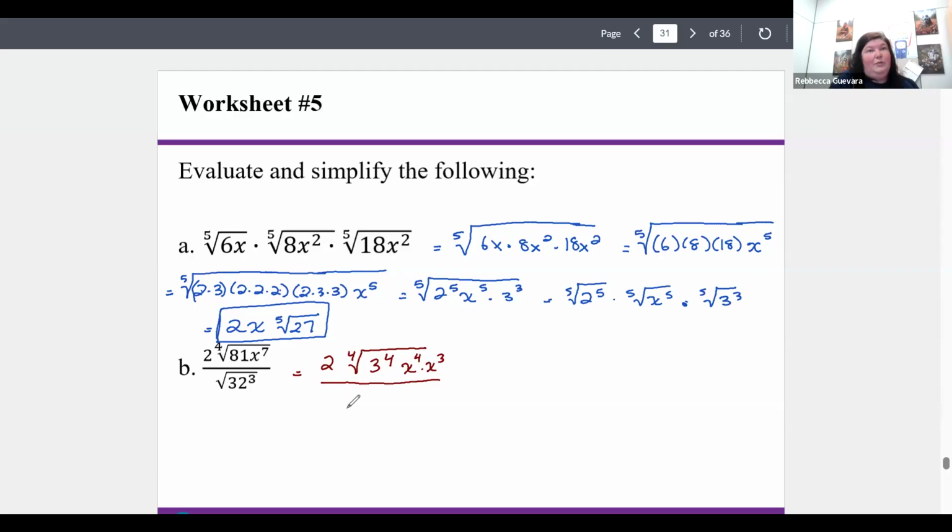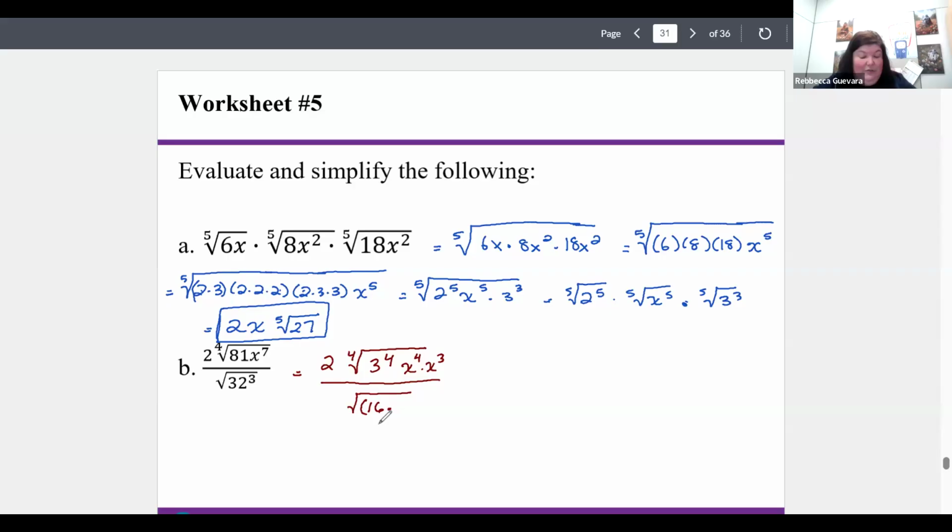Now on the bottom, we're doing a square root of 32 to the 3rd power. If you think about that, that 32 is just going to be 16. Let me break that down further. 2 times 2 times 2 times 2 times 2.